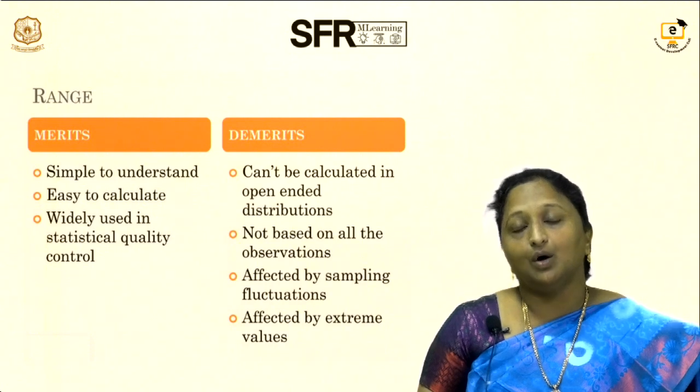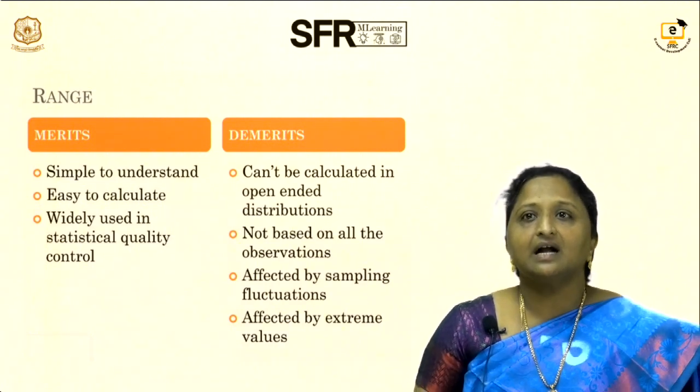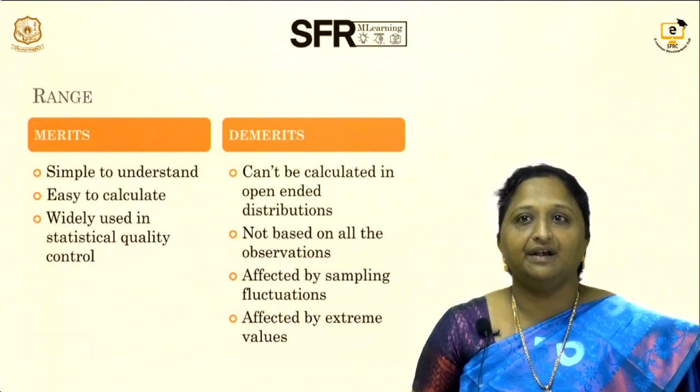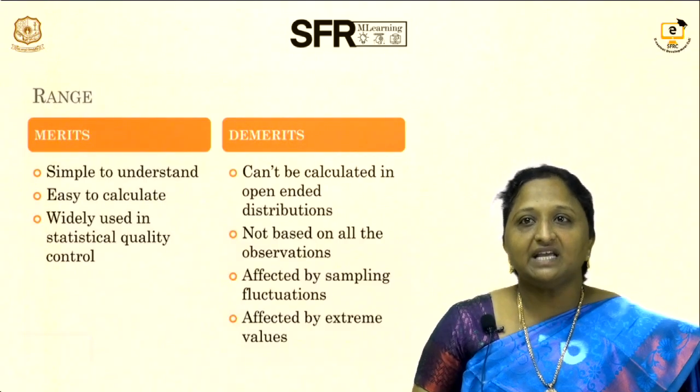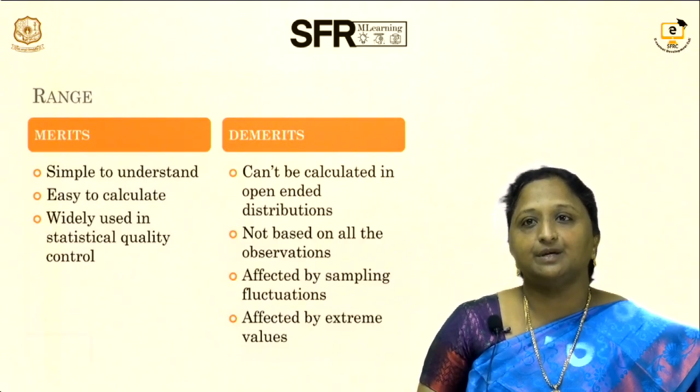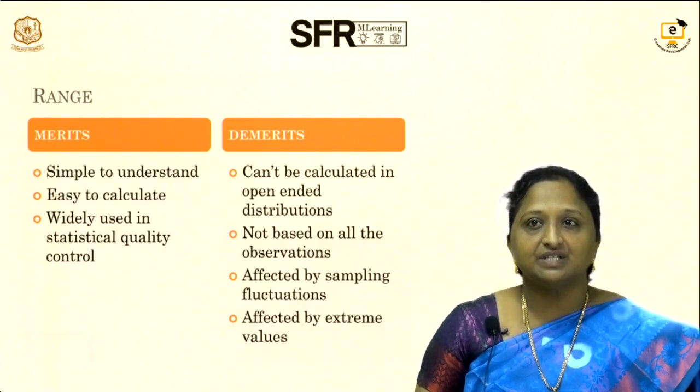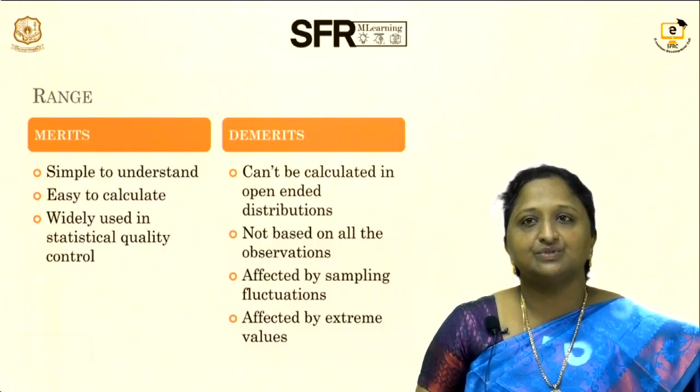Demerits: it cannot be calculated in open-ended distributions, it is not based on all the observations, and it is affected by sampling fluctuations and extreme values.